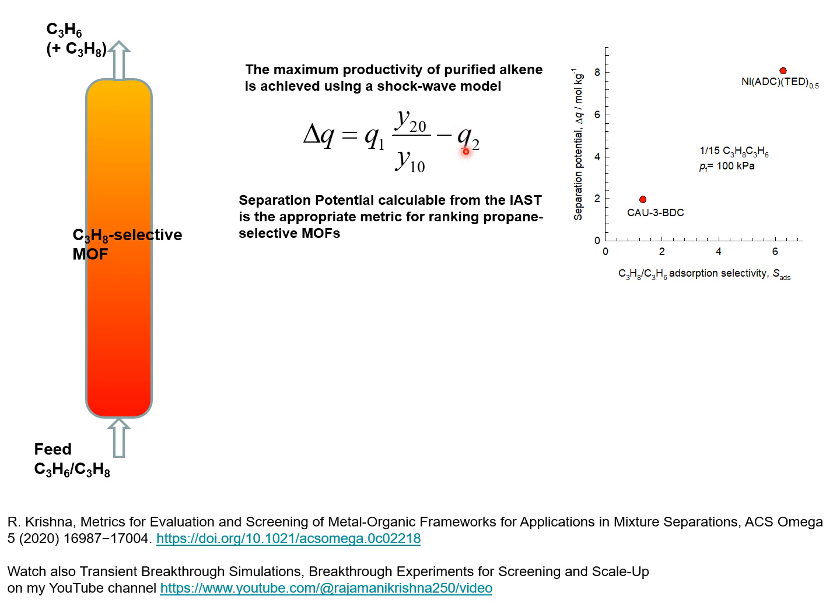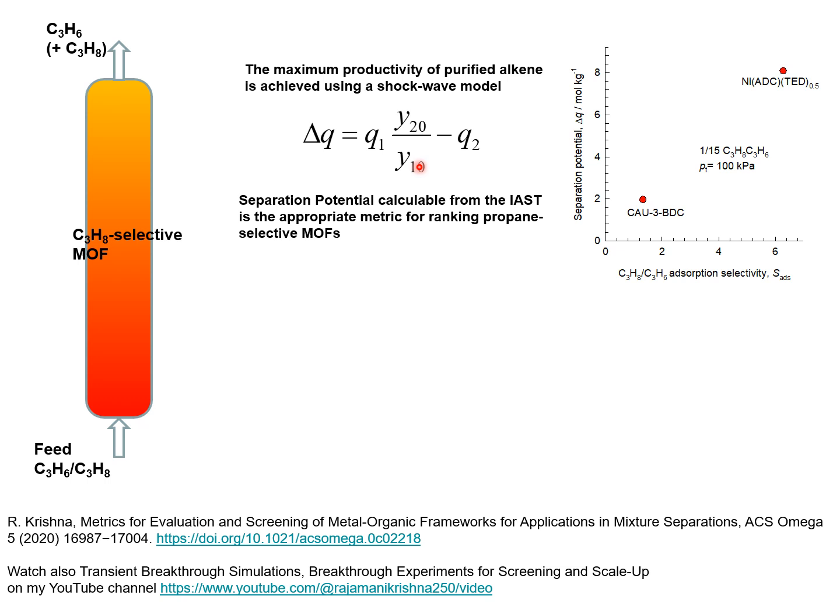Q2 is the component loading for component 2, which is propene, and y20 and y10 are respectively the mole fractions in the feed mixture of component 2, propene, and component 1, propane.